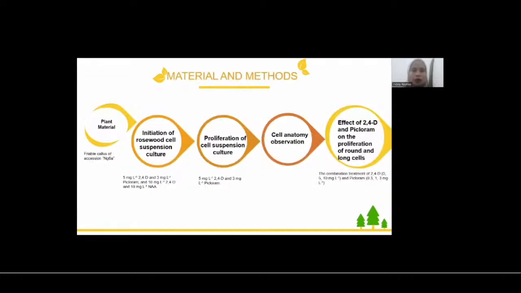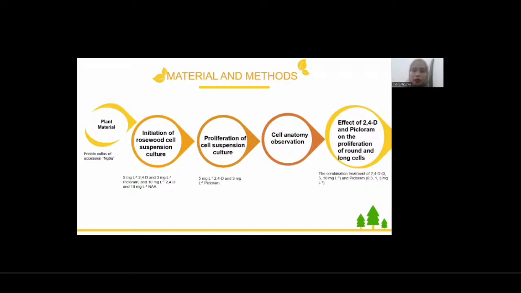Materials and methods. Plant material: we use friable callus of accession Ng6A from semi-solid media. Then the initiation of rosewood cell suspension culture, with 5 mg 2,4-D and 3 mg picloram, and 10 mg 2,4-D and 10 mg NAA.